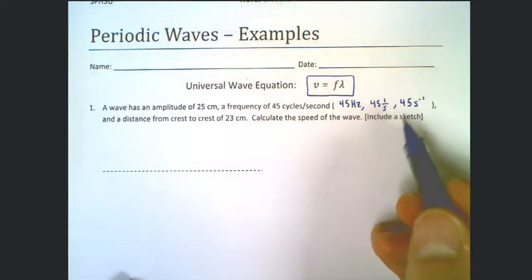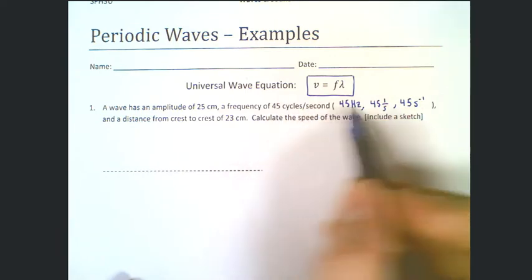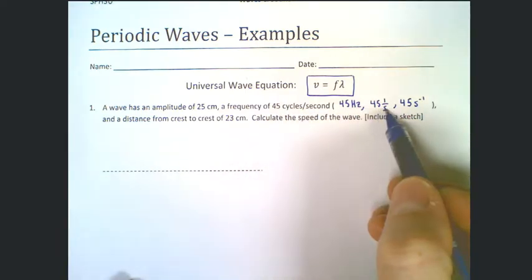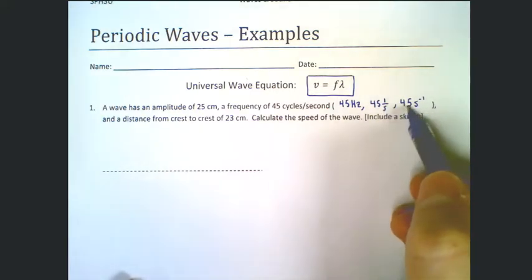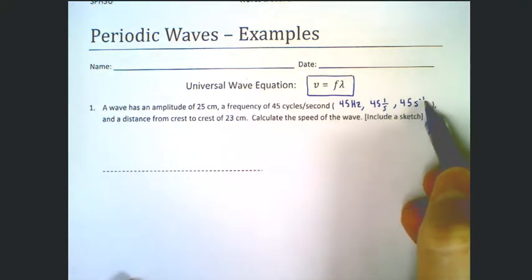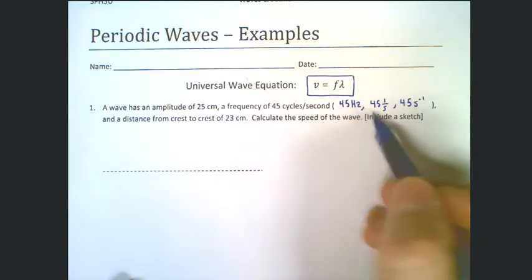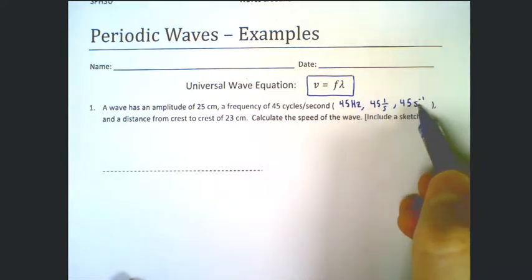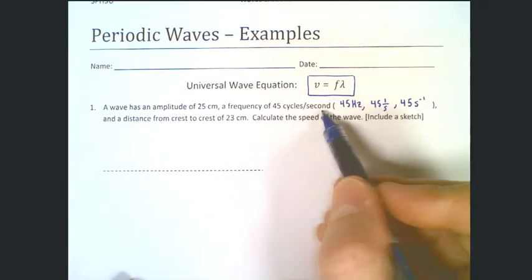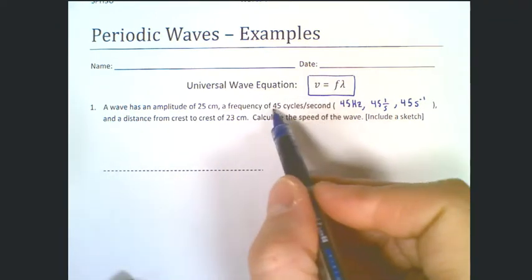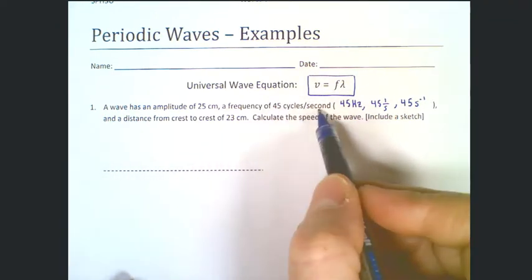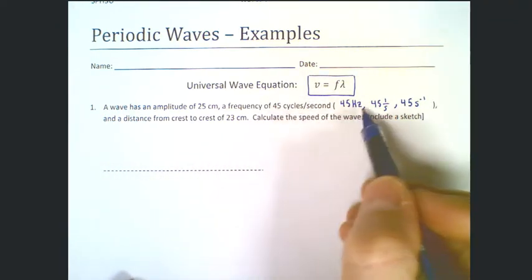These are all equivalent: 45 cycles per second, 45 hertz, 45 1 over seconds, or 45 per second, and 45 inverse seconds is how you could say that. So these are all the same thing. Don't get confused and think, what's this inverse second thing? Well, it's just hertz. Or what's this 1 over seconds thing? Oh, it's inverse seconds, or it's hertz, or it's cycles per second. A lot of times, just understanding that it's cycles per second is more helpful than ever writing these things out.